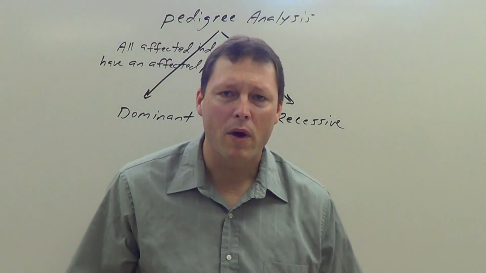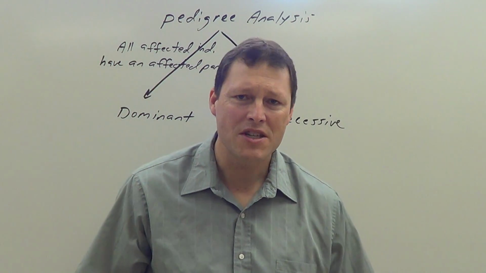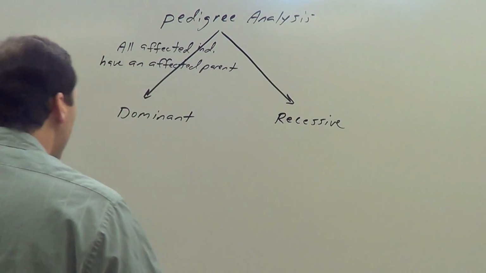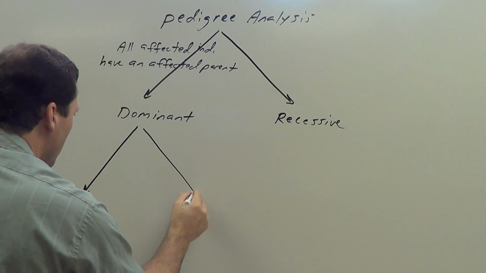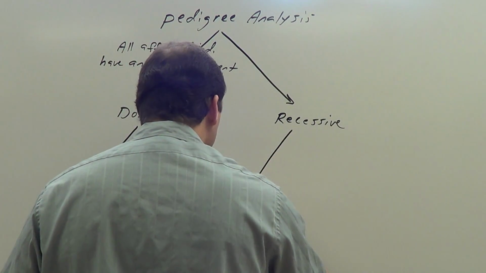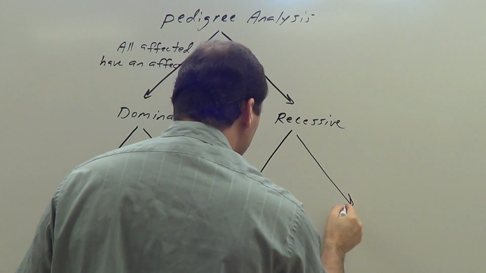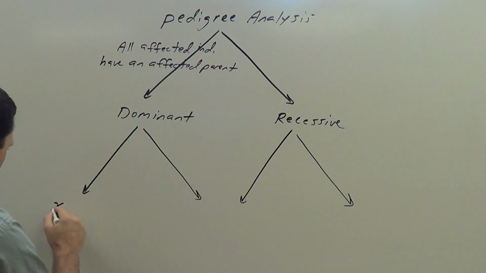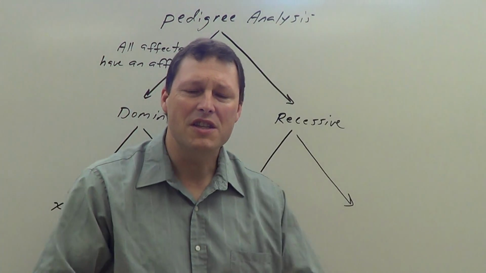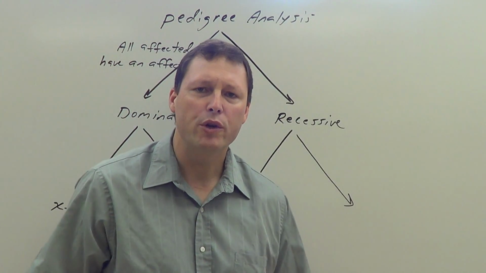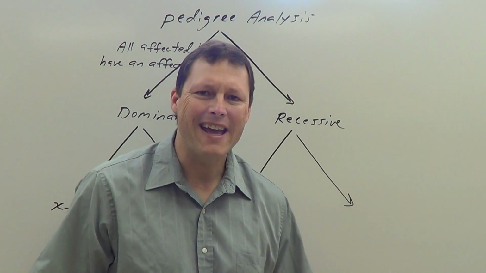After we determine whether the trait is dominant or recessive, we're then going to break it up a little further into X-linked or autosomal. Let's go ahead and write that down. X-linked means that the gene for that particular trait is located on the X chromosome.